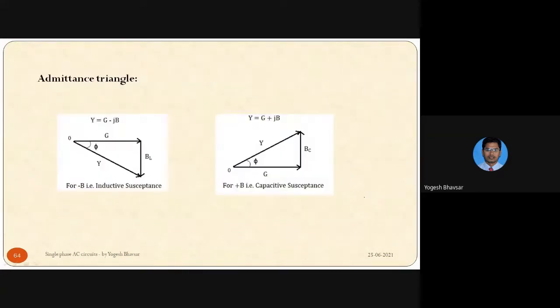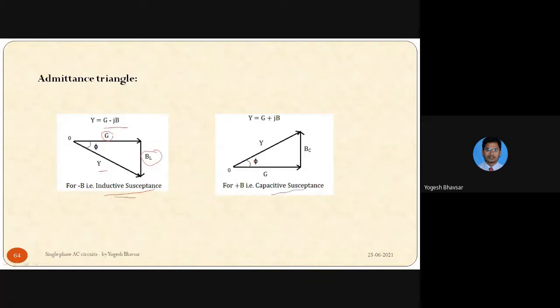And at last, the admittance triangle. We represent each side by the conductance, susceptance, and the admittance. For an inductive susceptance, the base side represents the conductance G, the adjacent side represents the inductive susceptance BL, and the hypotenuse is the admittance, Y equal to G minus JB for inductive.